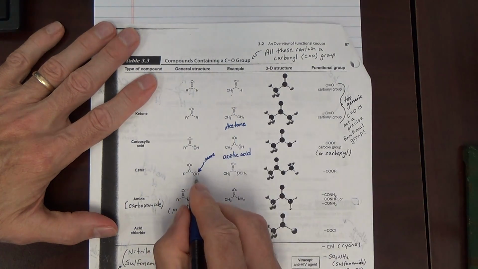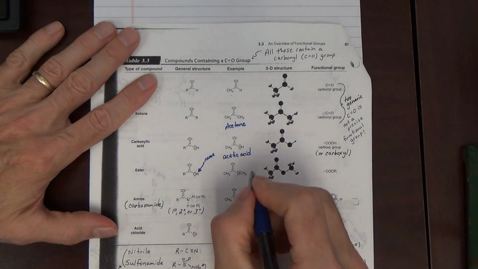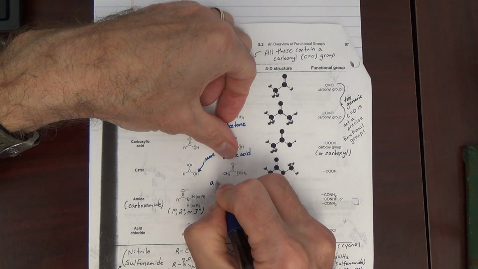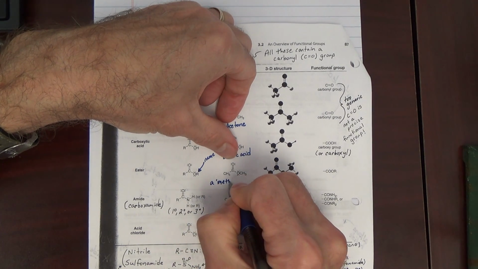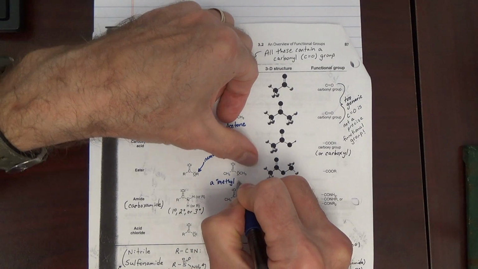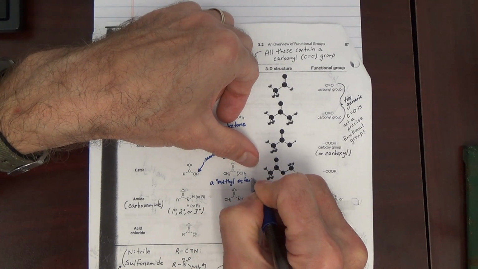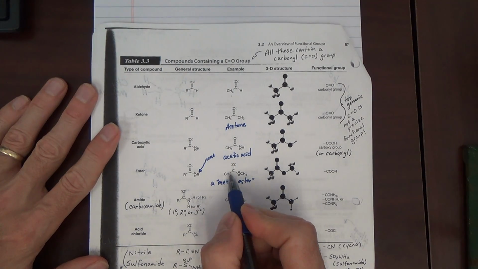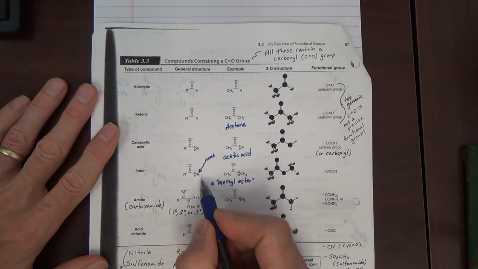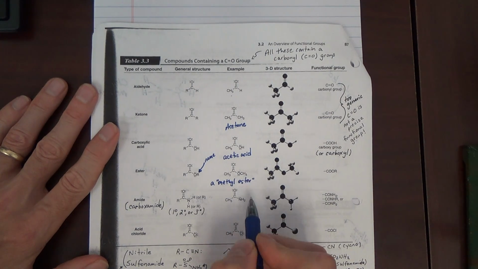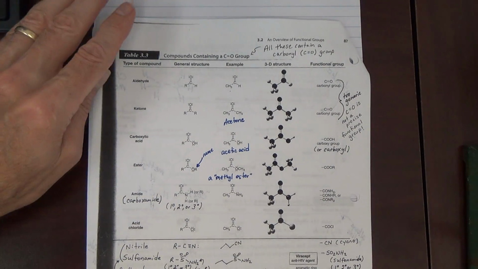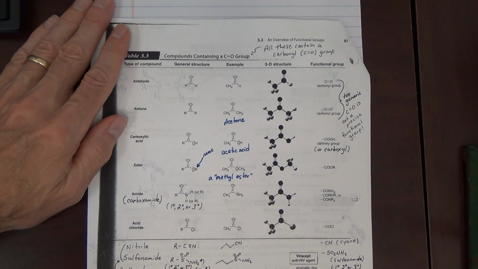The name includes this R group, and so since that R group there is a methyl, this compound is a methyl ester. It doesn't matter that this is a methyl. That could be 10 carbons. If that's O-methyl here, it's considered a methyl ester. Little free information, but that's very common and worth starting to know at this point.